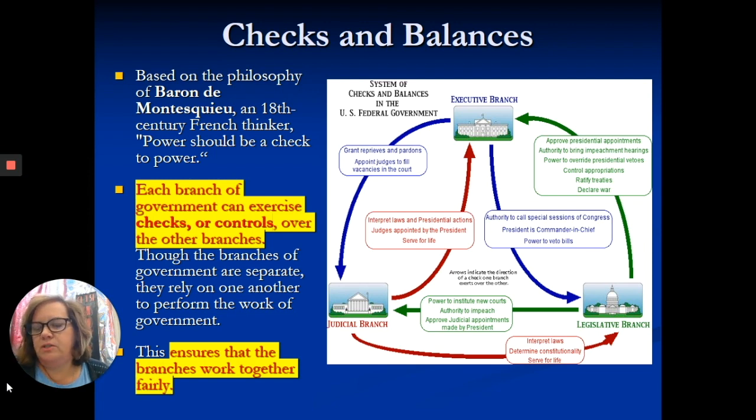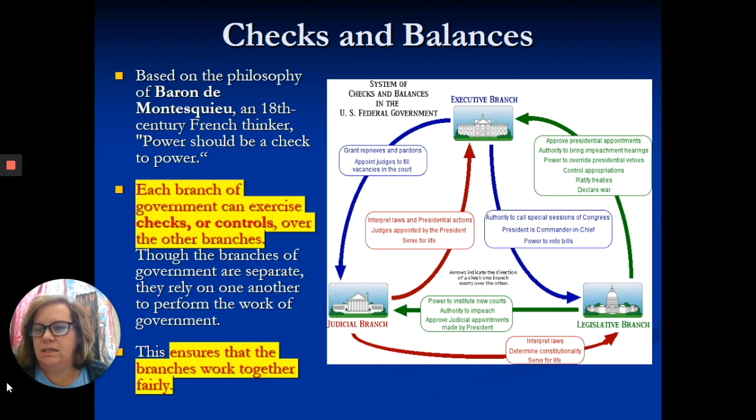Based off of separation of powers, we run into the principle of checks and balances. Checks and balances is this idea that we want to make sure that no single branch of government has more power or overtakes another branch of government. It also helps them to make sure that they are working together.